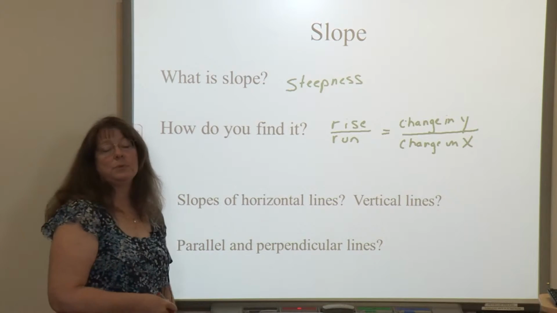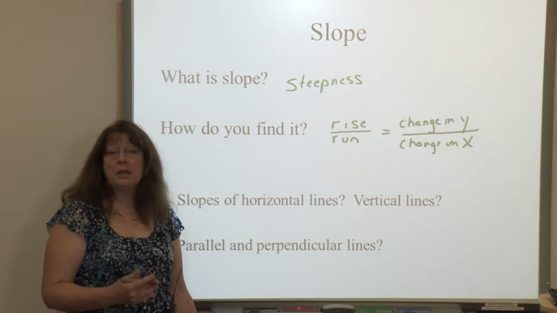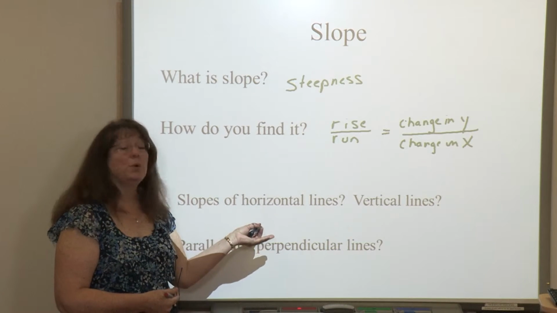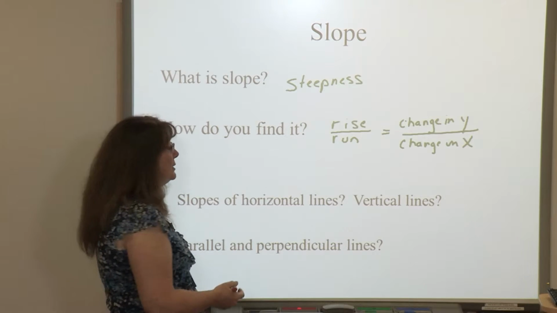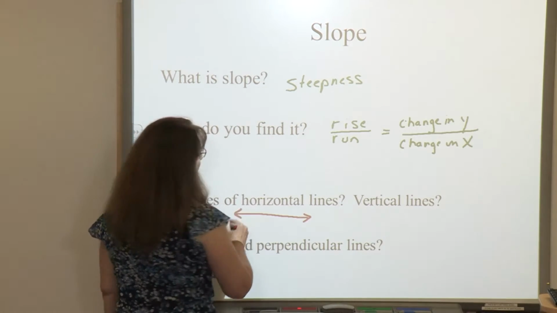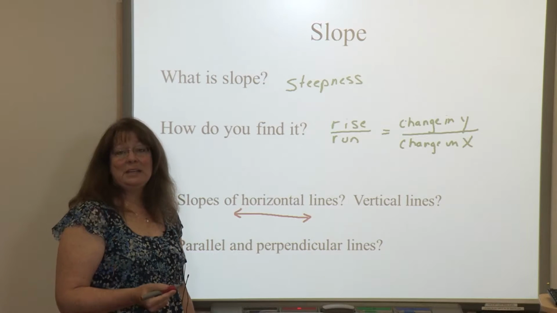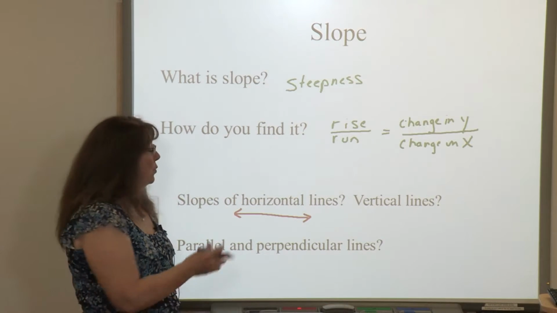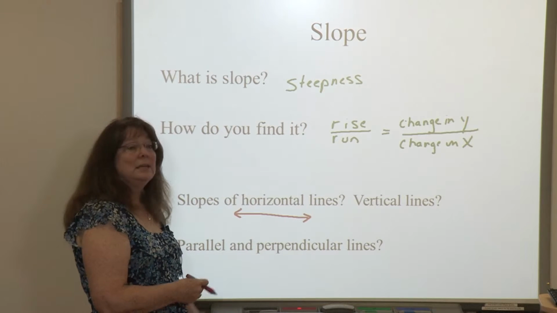Let's talk about what happens with some slopes for lines that may not be either going uphill or downhill. Let's say you have a line and it's a horizontal line. Anytime you're working with a horizontal line, it looks like it does not have any steepness at all. It's going to be flat.